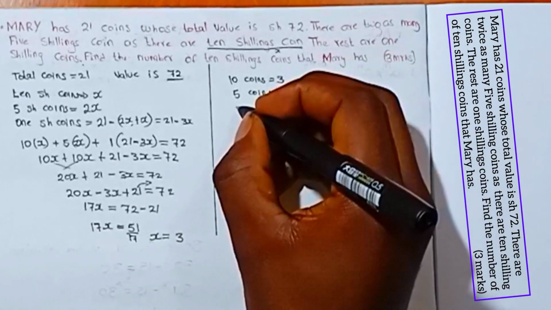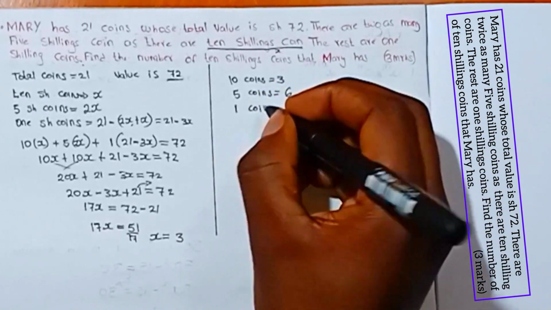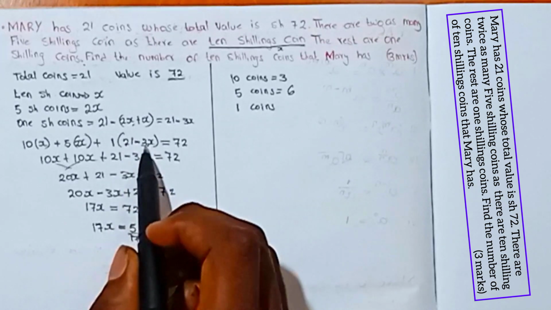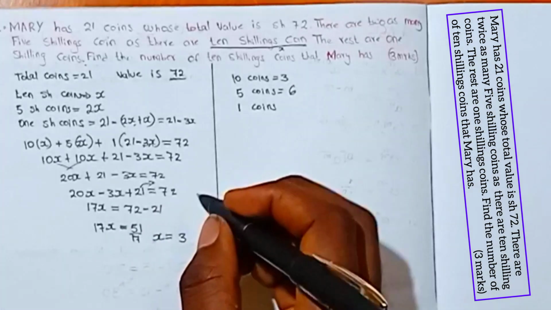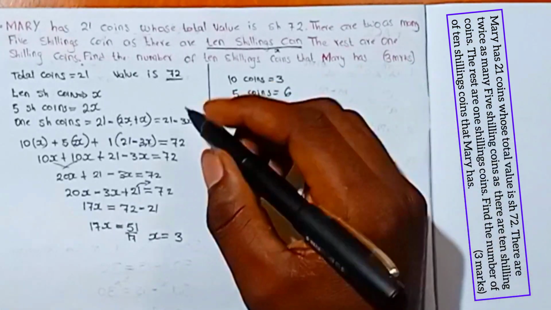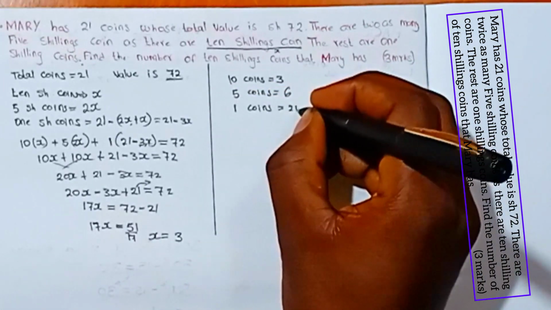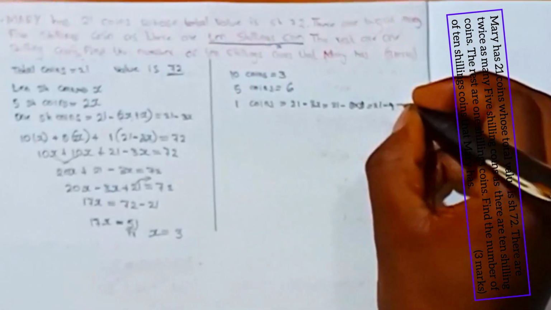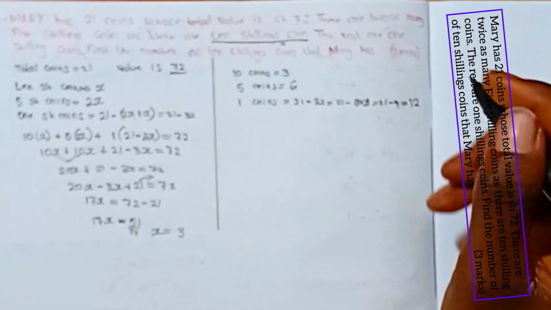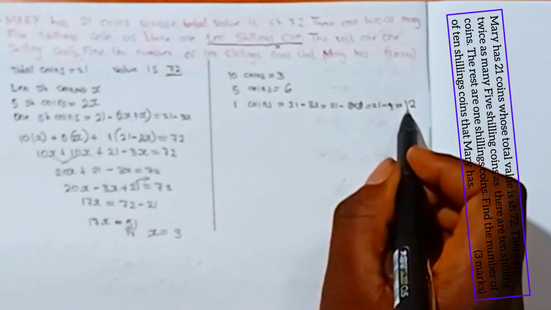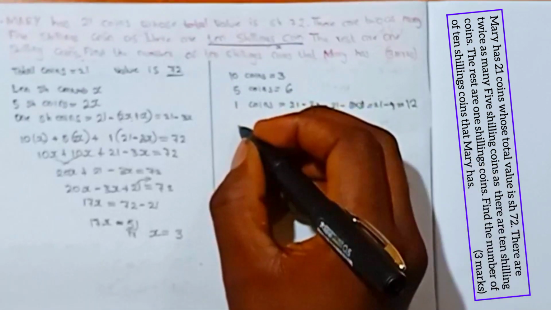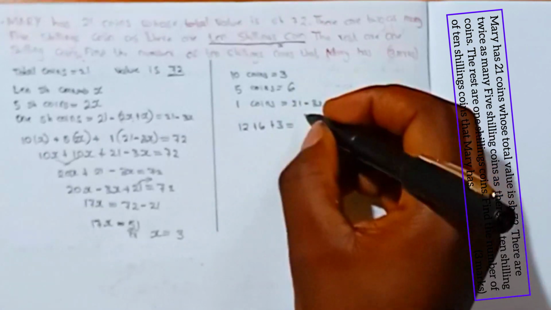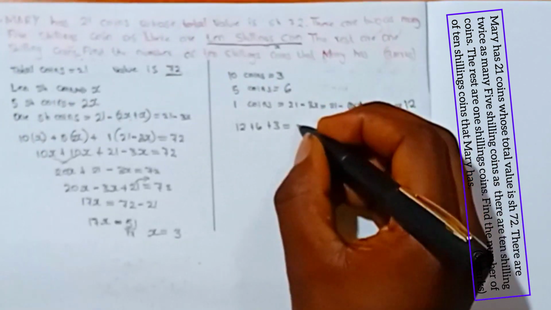And the 1 shilling coins equal 21 minus 3x, and this x equals 3, which equals 12. So you add together this 12 plus 6 plus 3. The total number of coins gives you 21.